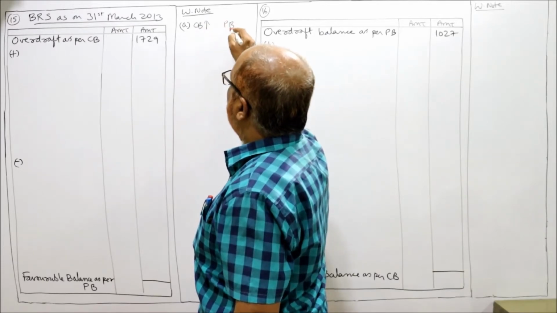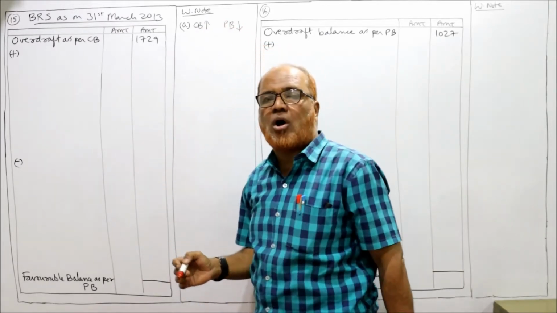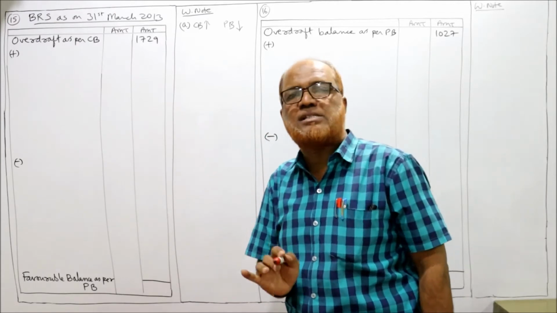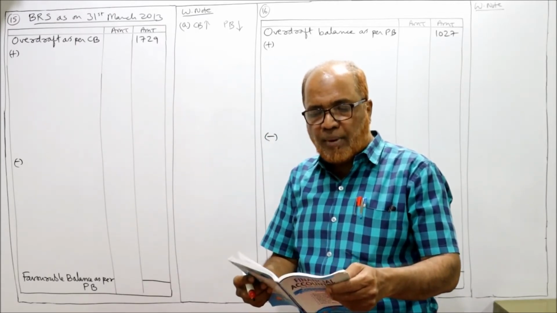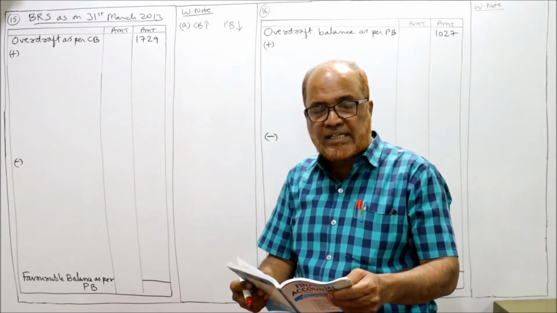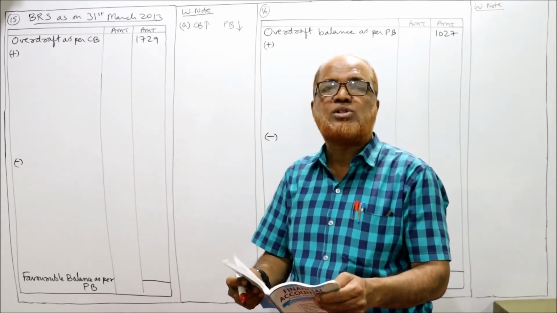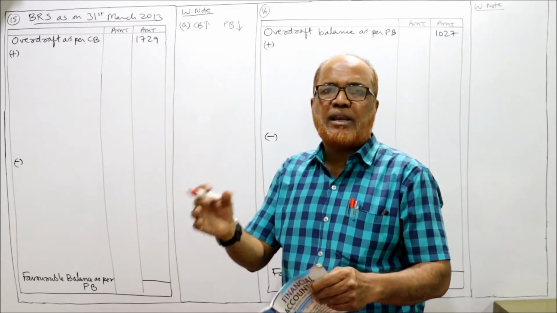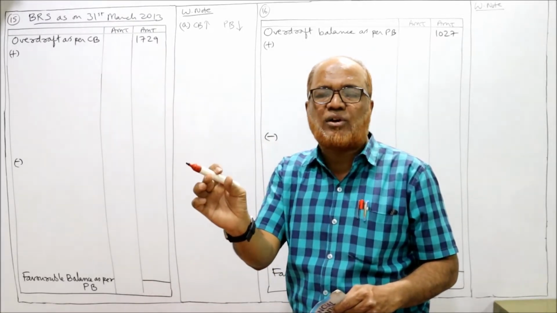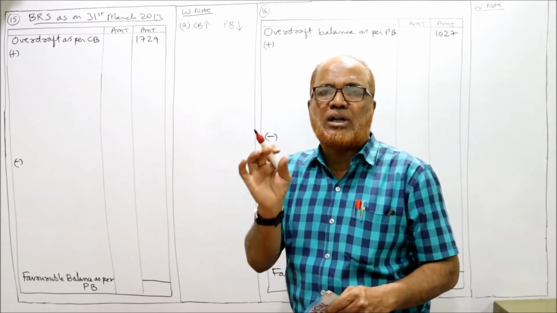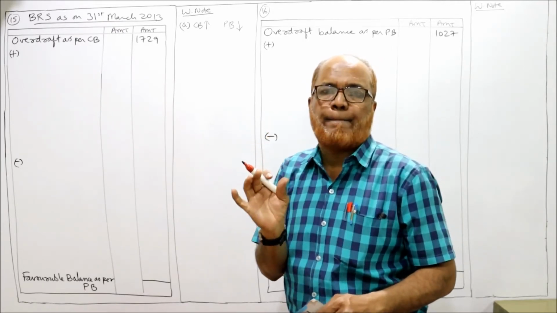But the passbook overdraft has not increased because the checks were not presented for payment. So 1100 checks were issued, but only checks for 600 were not presented. The remaining are presented. The difference will arise for 600 only, right?